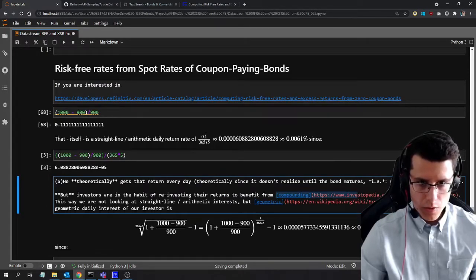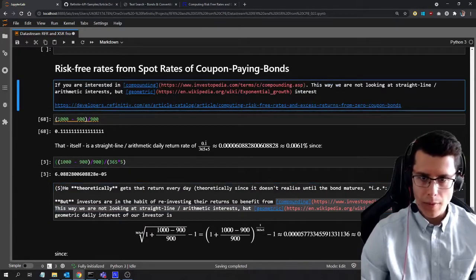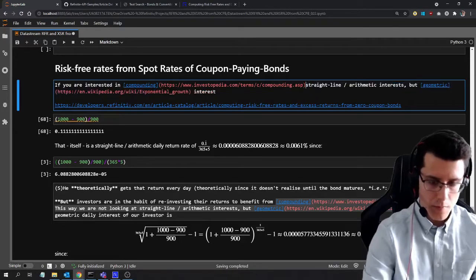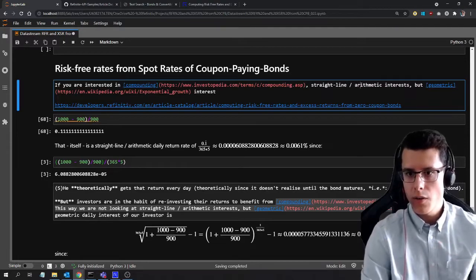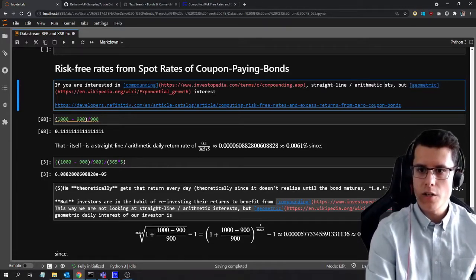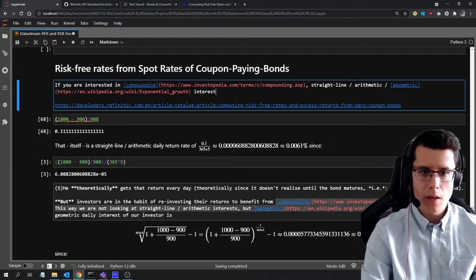compounding, straight line arithmetic interests, geometric interests.